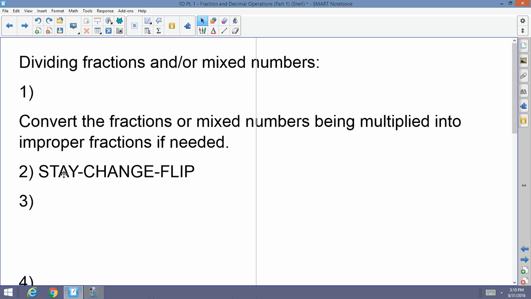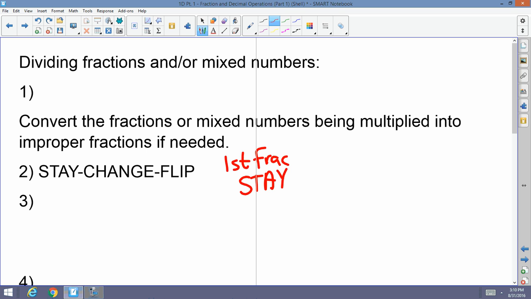Okay, what does that mean? Stay, change, flip. Well, what happens is the first fraction stays the same. Okay? You're going to change division to multiplication. So that's my change. You changed division to multiplication.